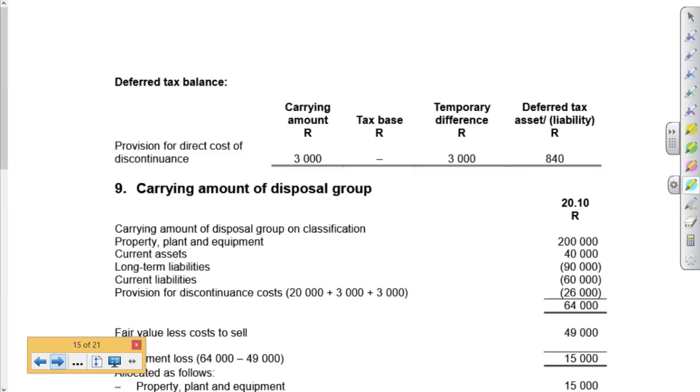Is the calc here? Carrying amount of the disposal group is made up of the PPE, the current assets, the long-term liabilities, and the current liabilities, and the provision for discontinuance is in that disposal group. Provision for discontinuance. Fair value less costs is 49, and so the write-off is also 15 in this case.